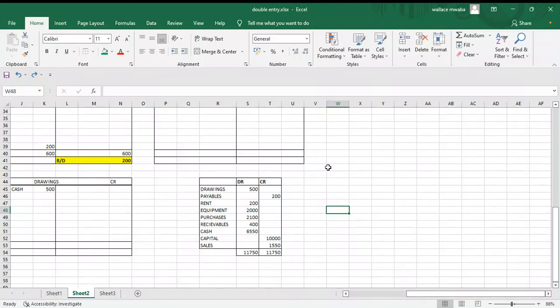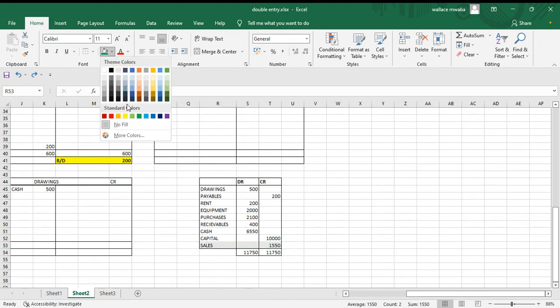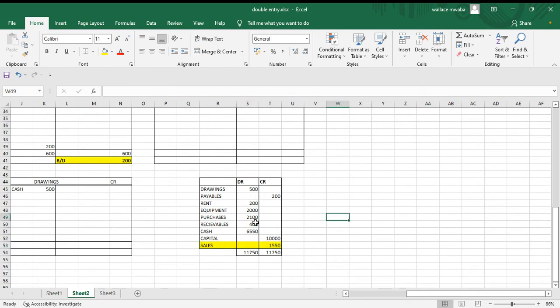All right, so we've made our trial balance. Now we're going to make our income statement, which consists of our trading account and our statement of profit or loss. From our trial balance, we're going to get our information. Sales is a form of revenue.